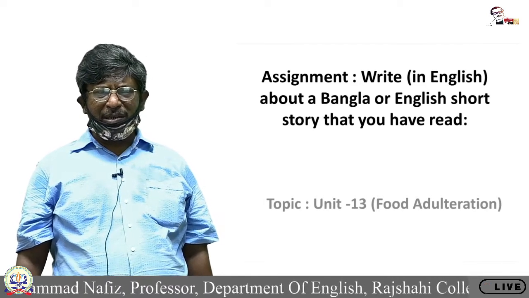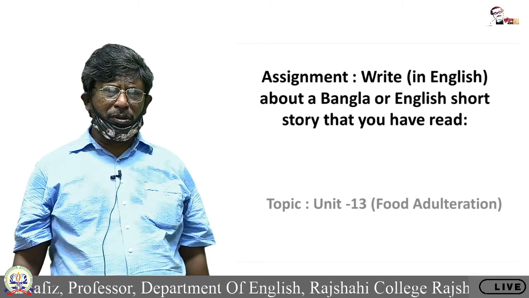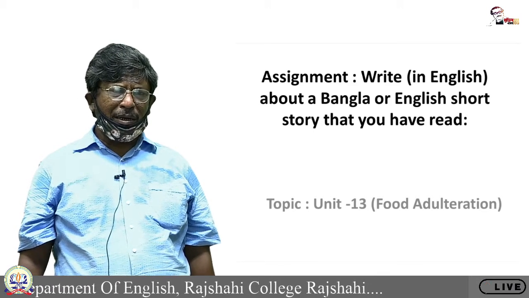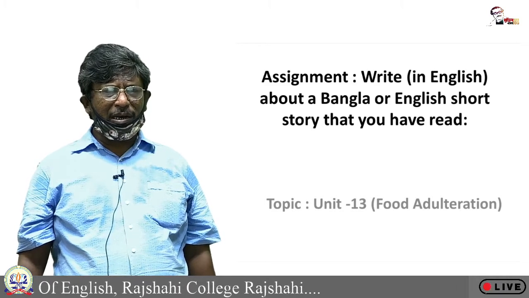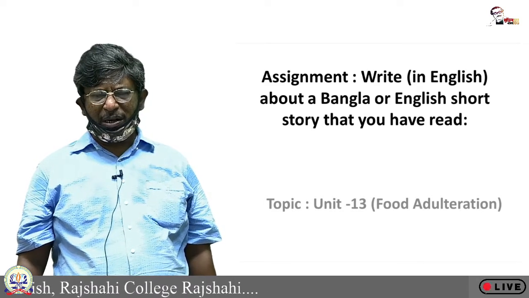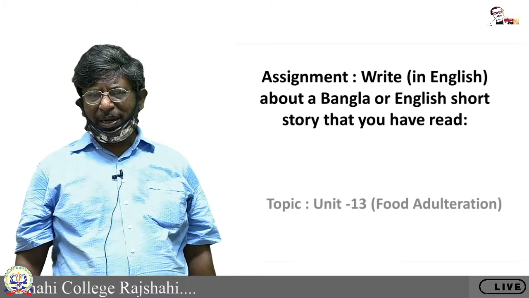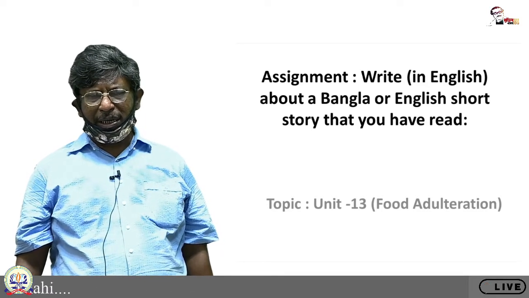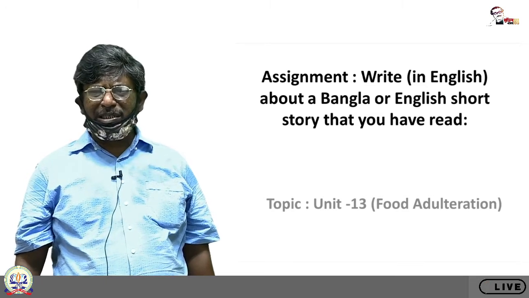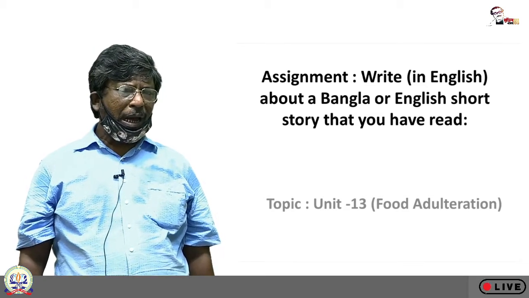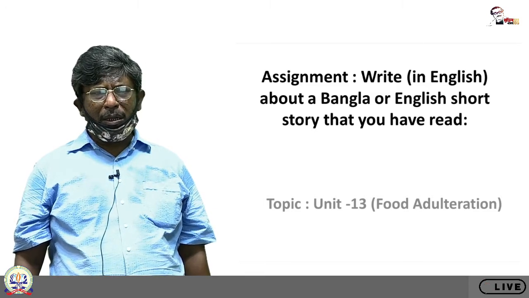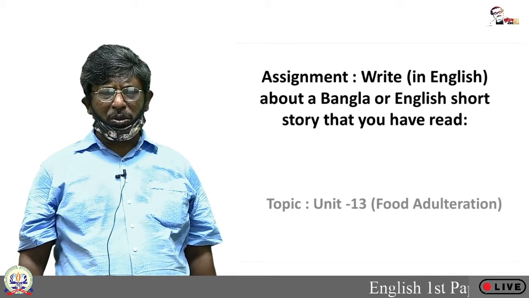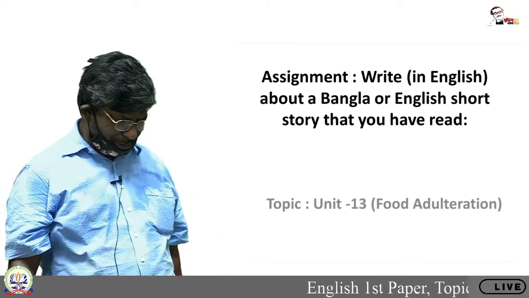In Unit 13, we have 2 lessons. Lesson 1 deals with the general ideas of food adulteration, its bad effects, its reasons, and also its remedy in an essay type writing. And the second lesson of Unit 13 deals with a story, The Luncheon.